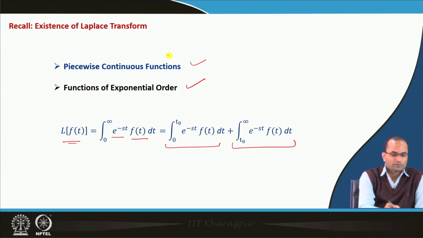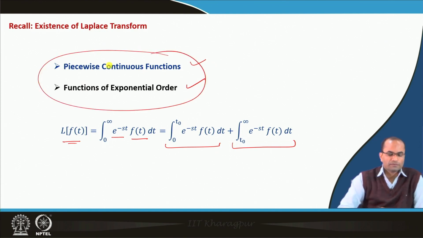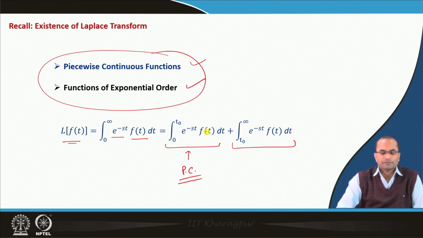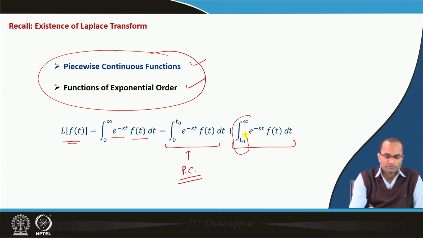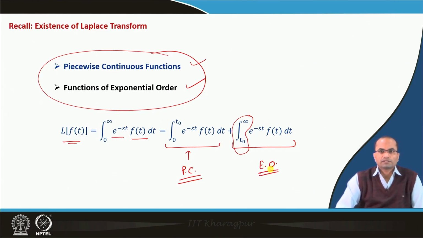The piecewise continuity takes care of the existence of the portion where we have finite limits, and for the portion from t naught to infinity, the exponential order takes care of the existence.